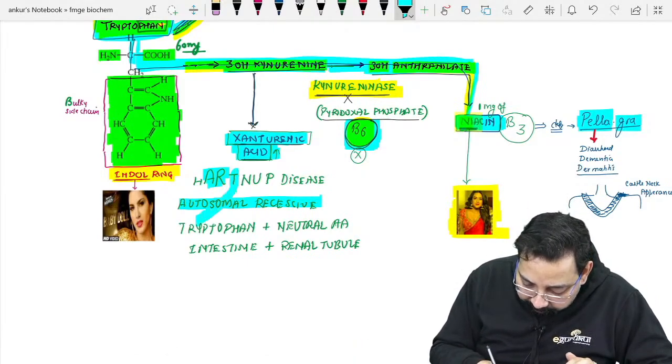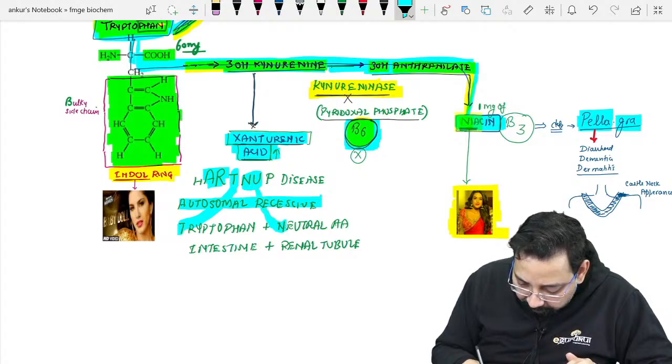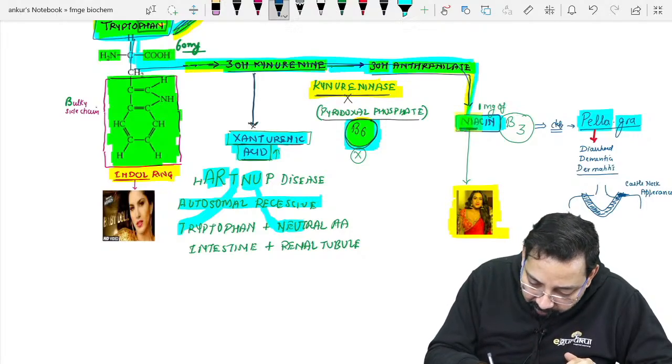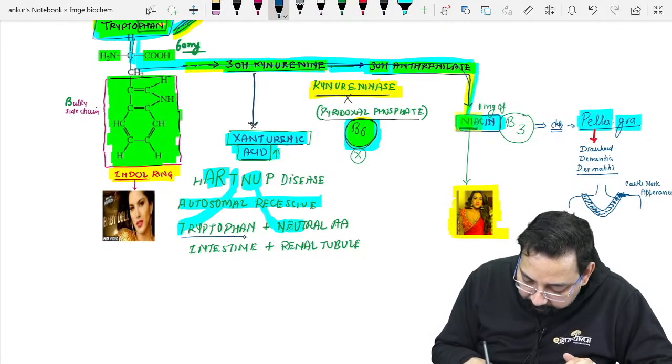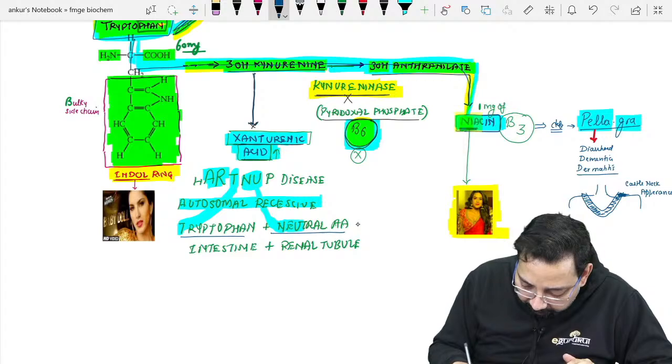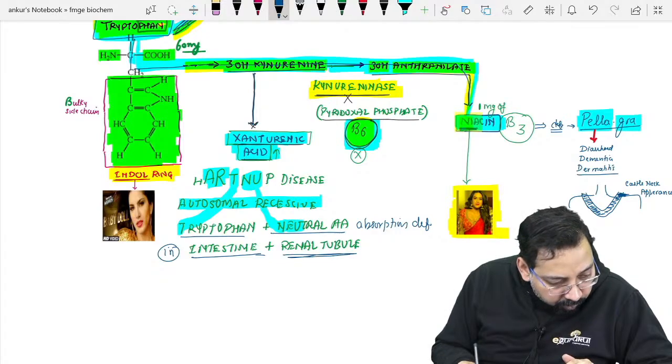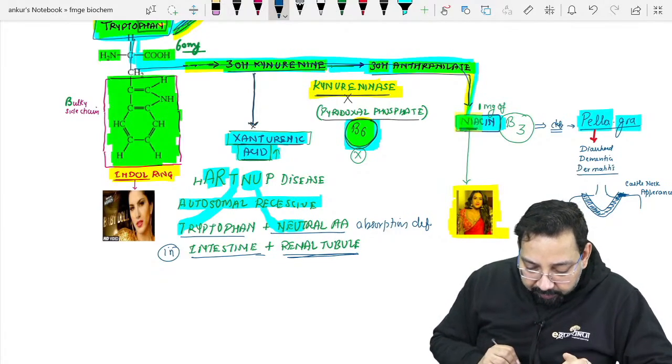Tryptophan, neutral amino acid absorption is defective. In Hartnup disease, tryptophan and neutral amino acid absorption is defective in the intestine and renal tubule.